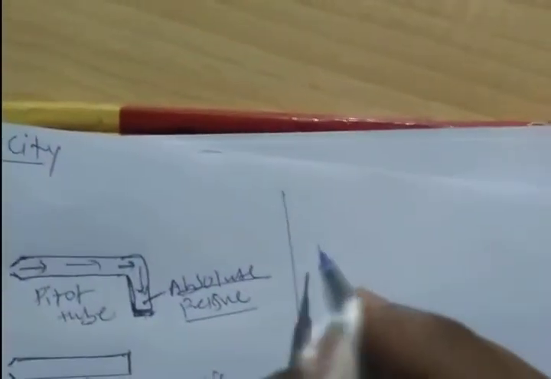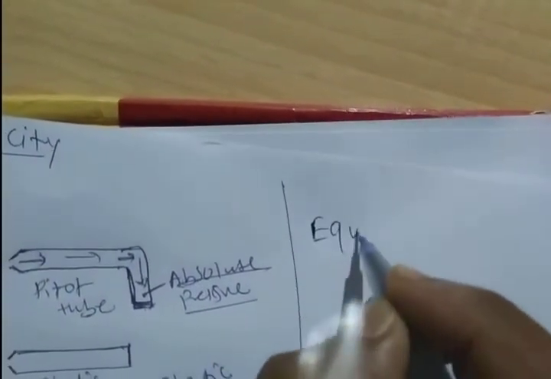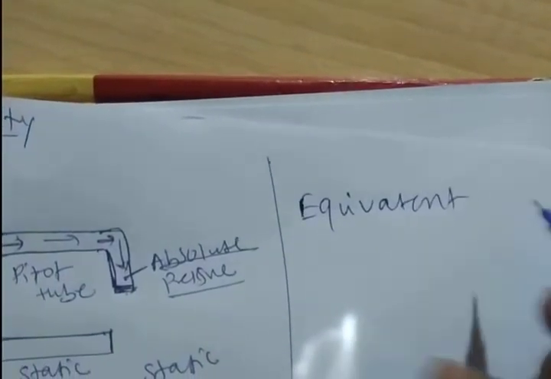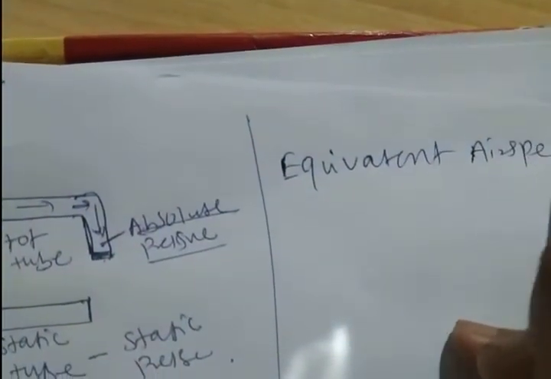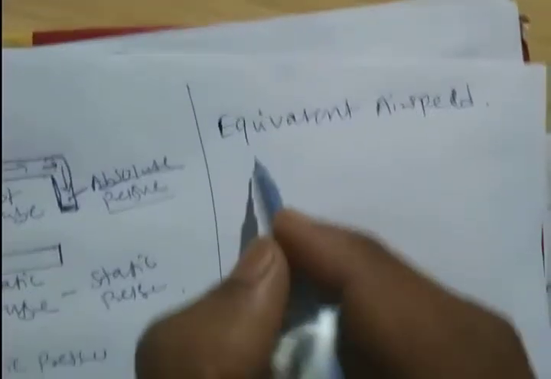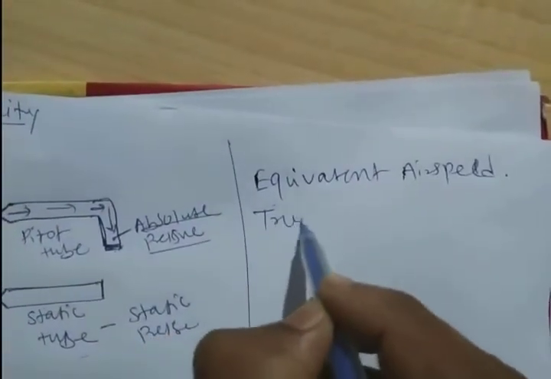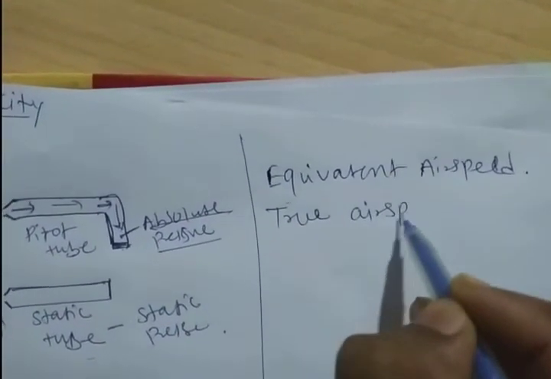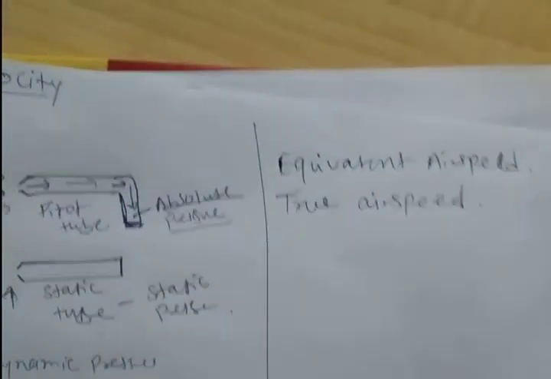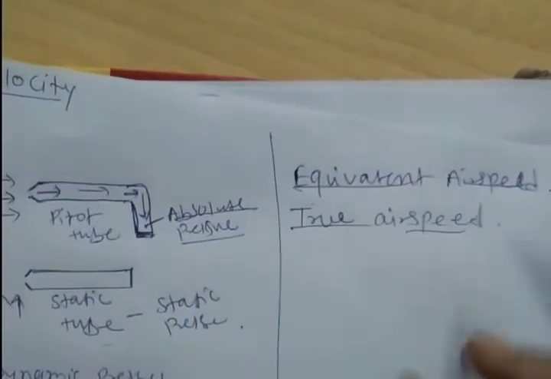Also there are two types of airspeed calculated. One is equivalent airspeed, and another is true airspeed. What is equivalent airspeed and what is true airspeed?